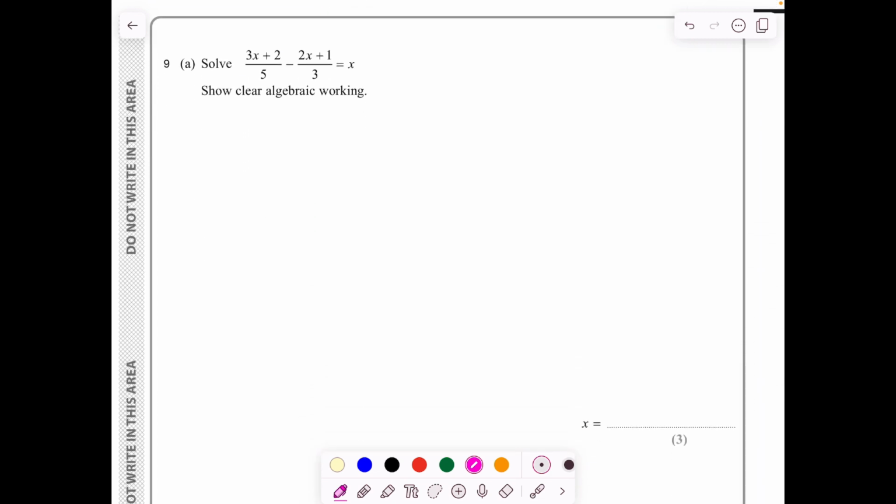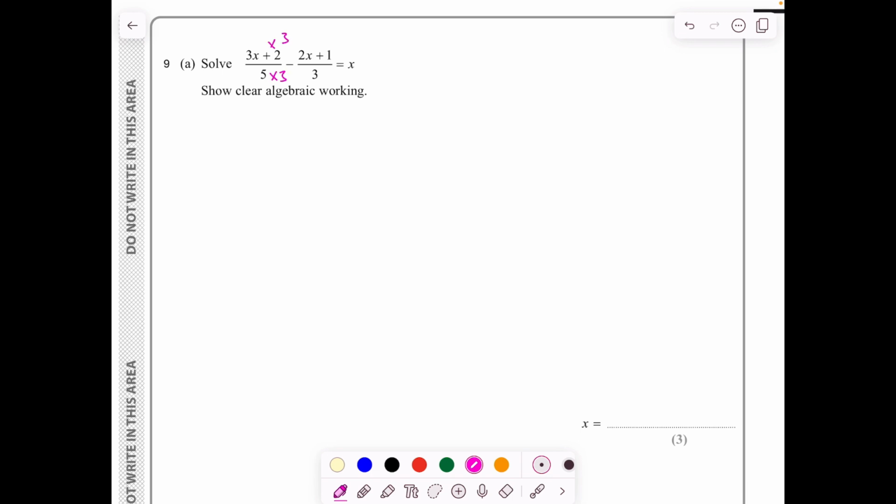Okay, so now we're solving. What I would first of all do is make this one single fraction. And in order to make it one single fraction, I need to make both denominators the same. So I'm going to make both denominators 15. To do that, I'm going to multiply this first one top and bottom by 3.